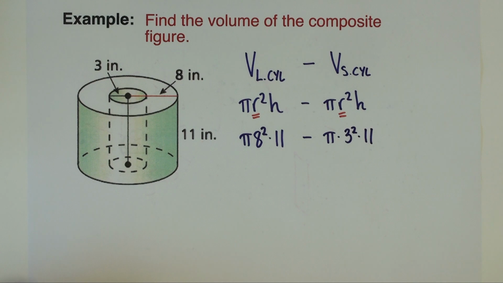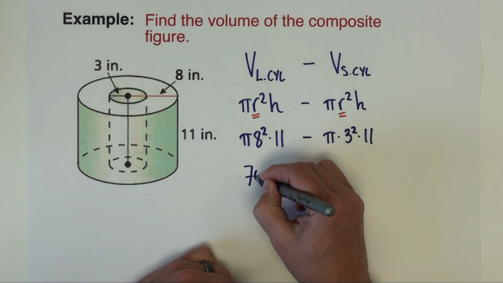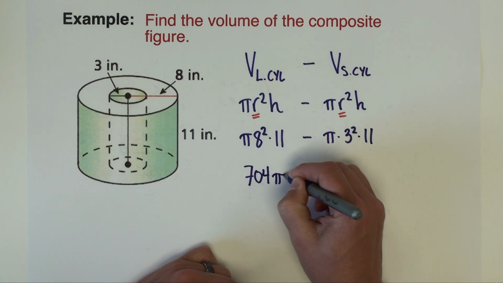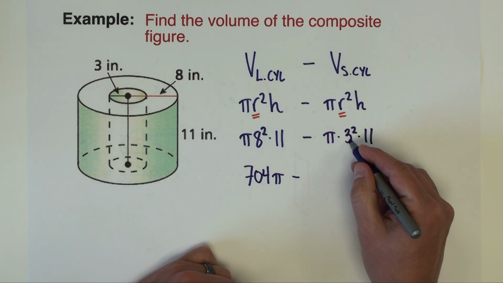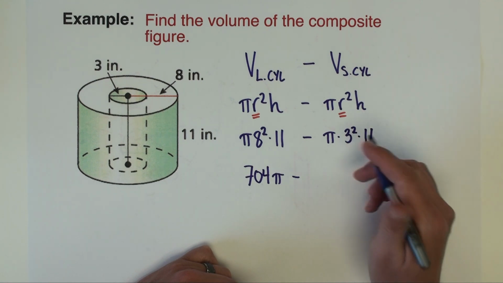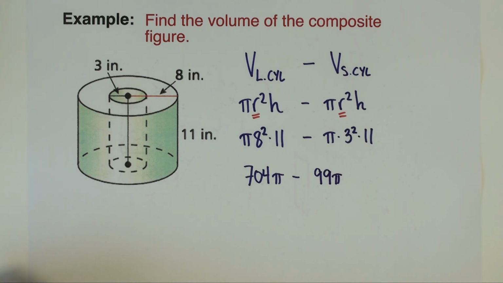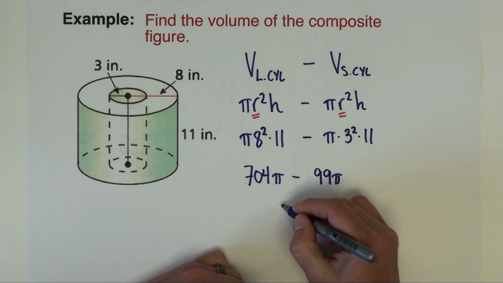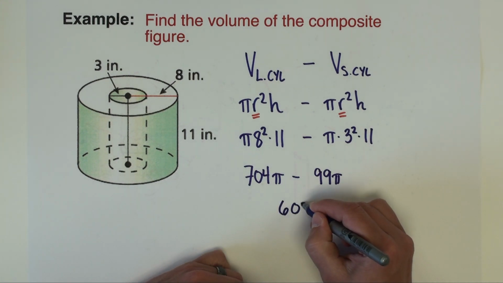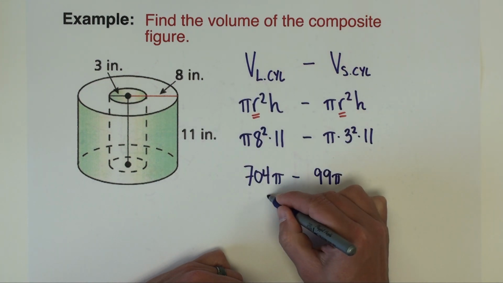So 8 squared times 11 is 704, so we have 704 pi minus, and then this is 3 squared, which is 9 times 11, so that's going to be 99 pi. And then 704 minus 99 is going to give us 605 pi. Units are inches, so we want inches cubed.